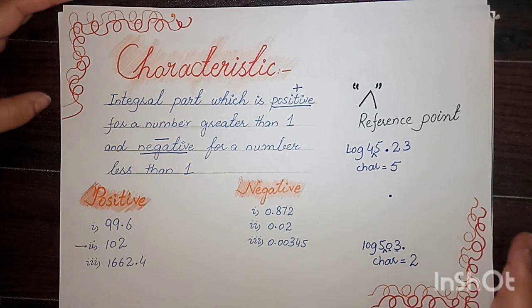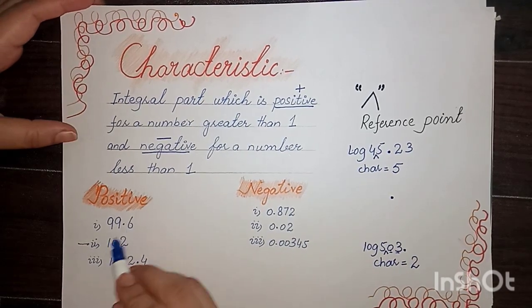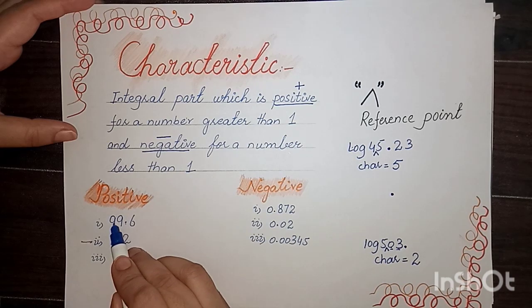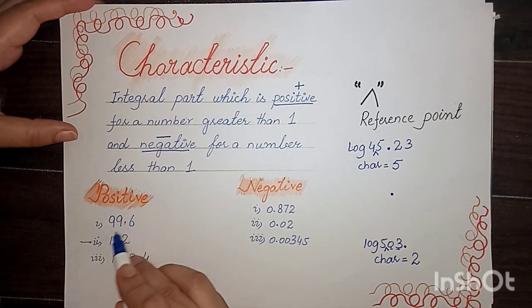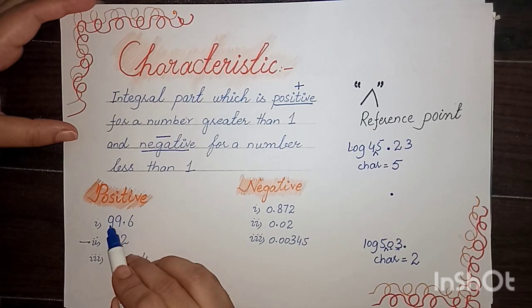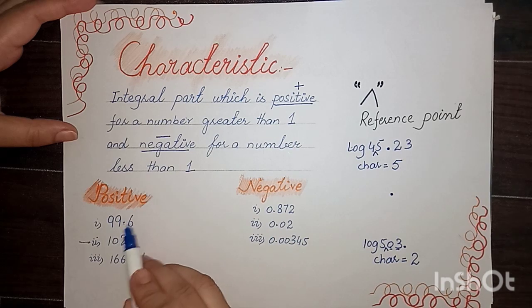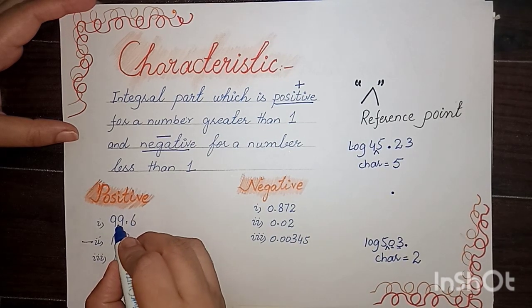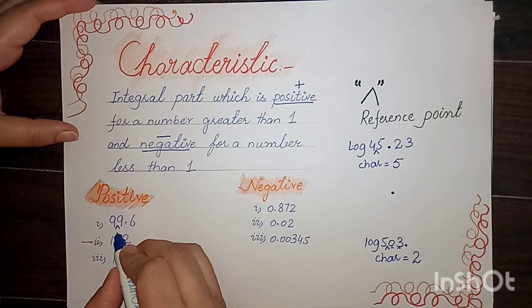For positive or negative numbers, consider 99.6. Here 99 is the integral part before the decimal point, and 99 is greater than 1. What is its characteristic? Here we draw the reference point.